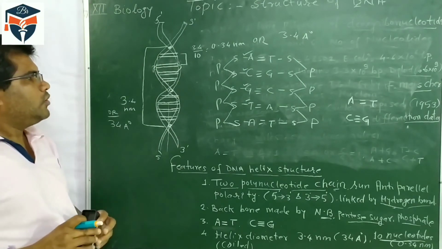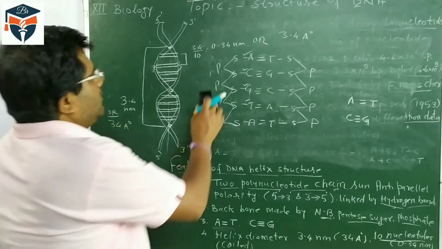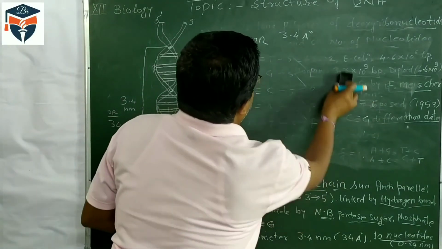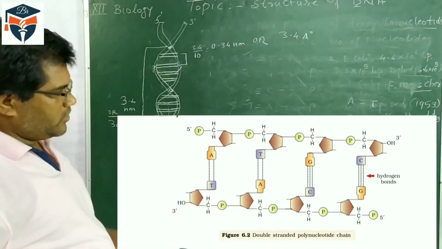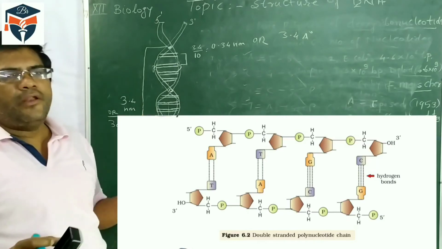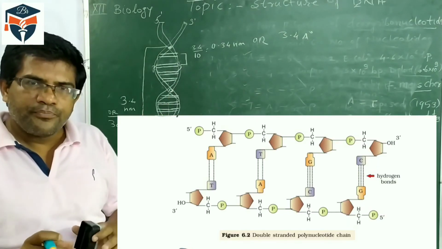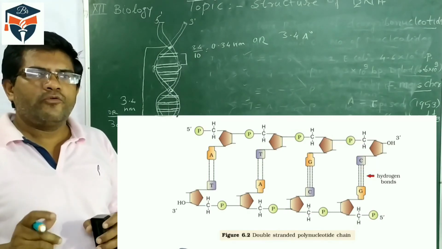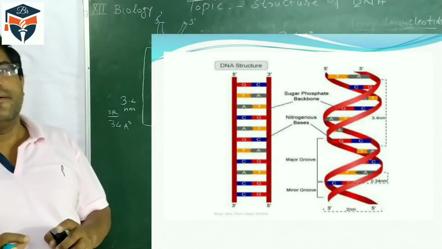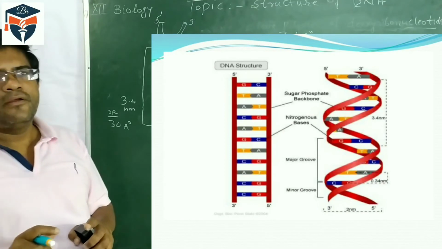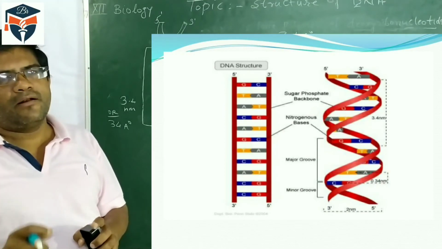So overall, in this diagram, in this picture also, you can see the DNA molecule has two polynucleotide chains, and these two polynucleotide chains are coiled to each other, and they are anti-parallel to each other.